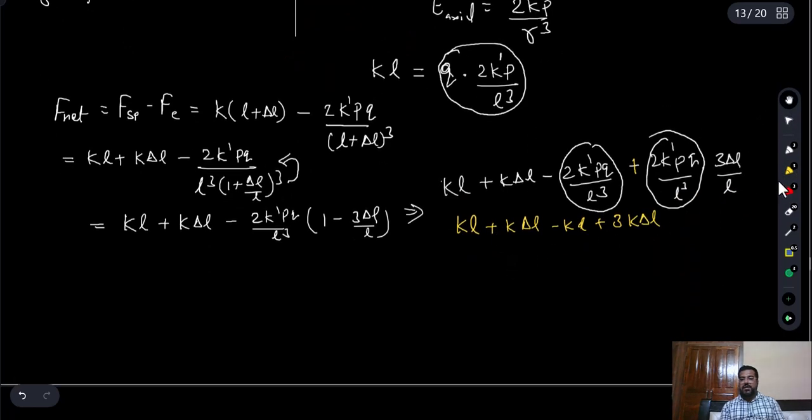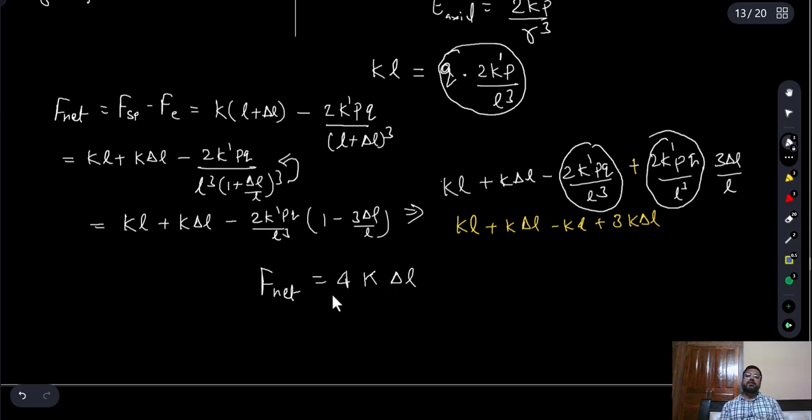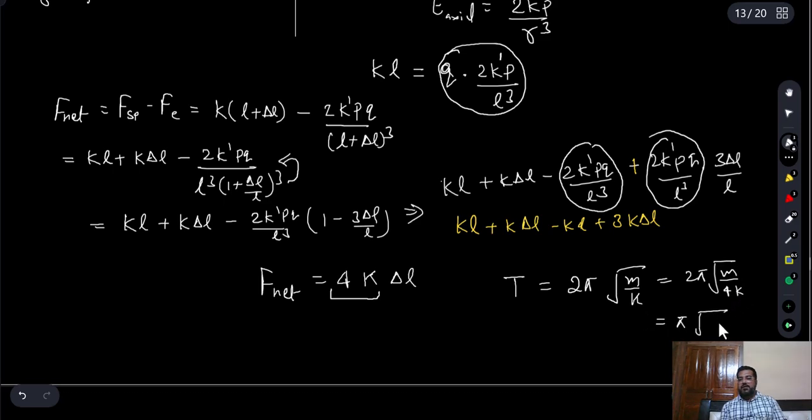Okay. So your net force is actually 4K delta L. If you compare it with the standard equation, you can say that your effective K now is 4K. You know that the time period formula is 2 pi under root m over K. So in this case, you write m over 4K, which comes out to be pi times root m over K. This is your time period.